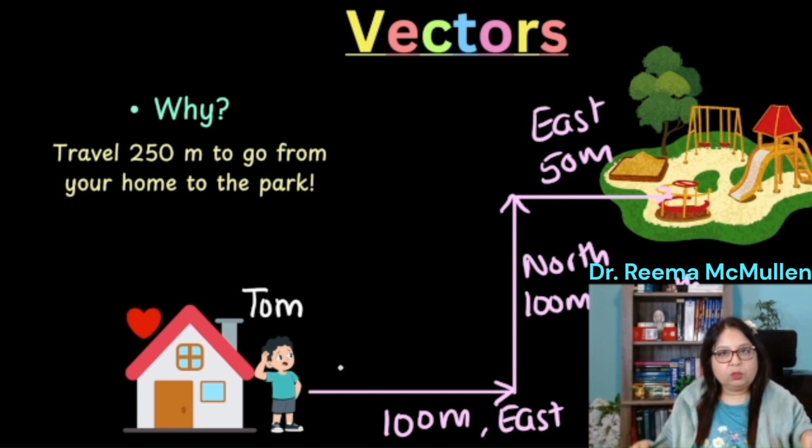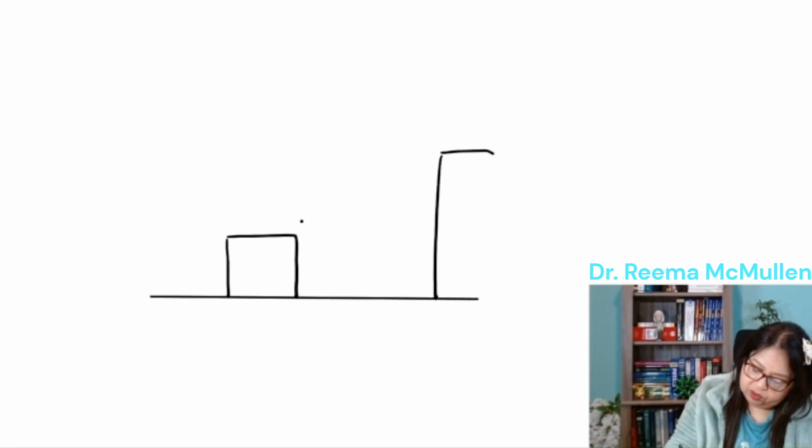So many times when you talk about a physical quantity, it is not sufficient to give just a number. You also have to tell a direction. For instance, let's insert another slide here. Let's say there's a box sitting on the ground and you want to bring it home. This is the door.